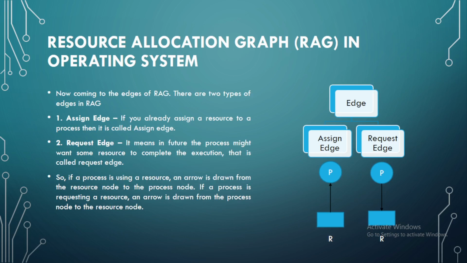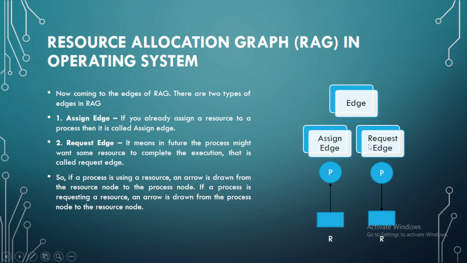Now coming to the edges of the resource allocation graph. There are two types of edges, assign edge and request edge. If you have already assigned a resource to a process, it is called an assign edge.